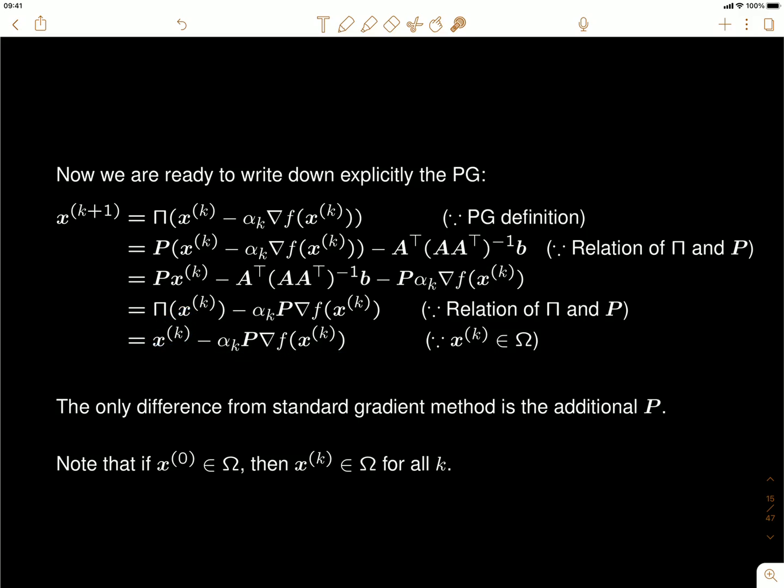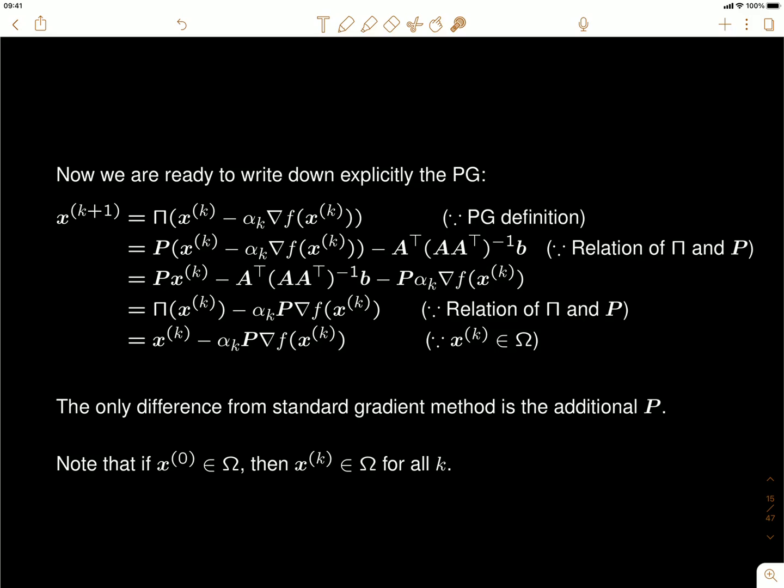So essentially the projected gradient method for this case is that x k plus 1 is nothing but x k minus this. It's almost exactly the same as the gradient descent method, except that we have an additional P matrix in front of the gradient of f. That's the only difference from the standard gradient method for this case.